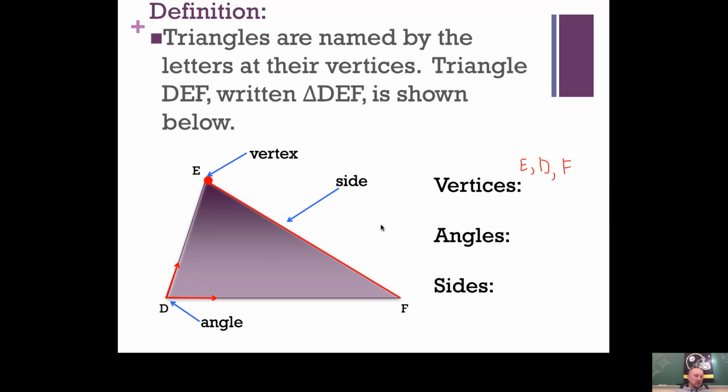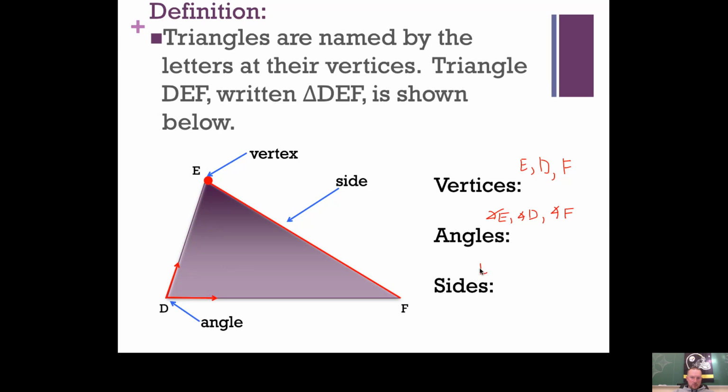The angles are those same vertices but written as angles because vertices are points. Angles are where those two sides come together. So we could say angle E, angle D, and angle F. The sides are segments, and those segments connect two vertices.